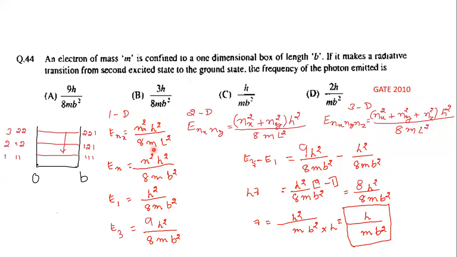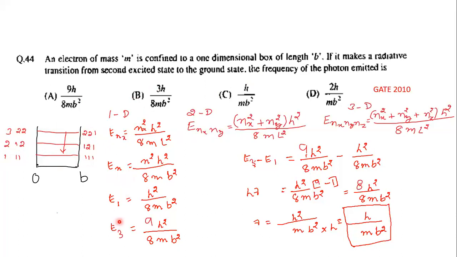Now we need to find the energy of the second excited state. For a particle in a 1D box, the quantum numbers are 1, 2, 3. These are the quantum numbers for a 2D box, and these are for a particle in a 3D box. For this level, this is E3 and this is E1.